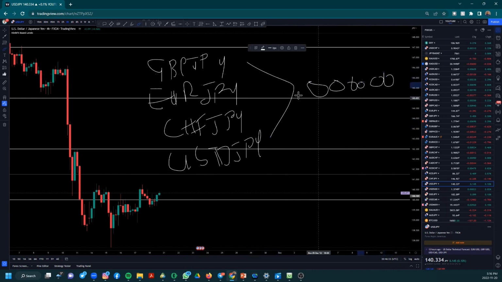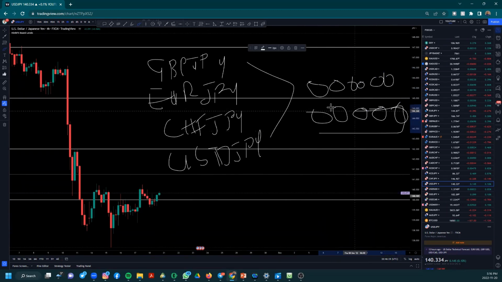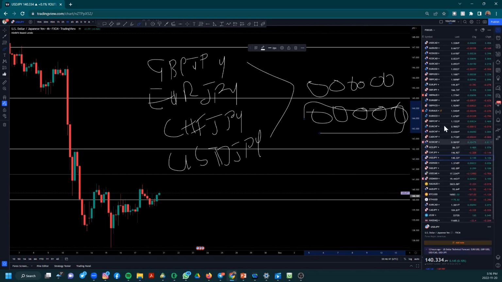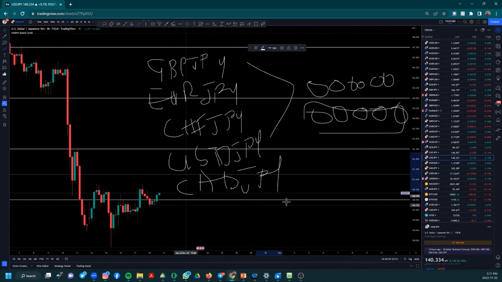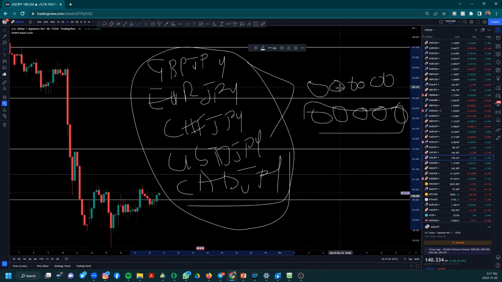So all you do is take the decimal point out and do the subtraction. Pairs like NZD JPY and AUD JPY have 2 numbers before the decimal point, and CAD JPY has 3 numbers before the decimal point. Right. So this is how you can simply calculate pips for JPY pairs. Just take the decimal point out, combine them, and do your subtraction.